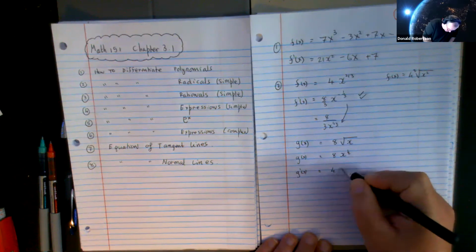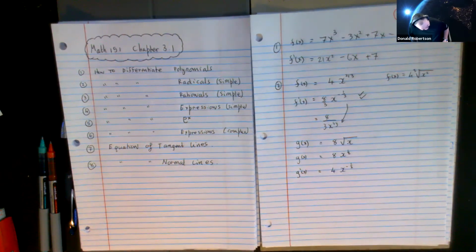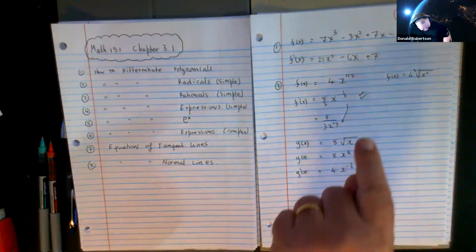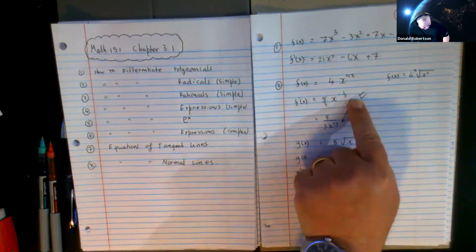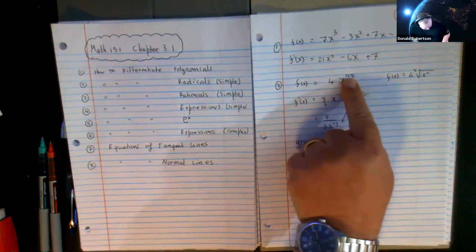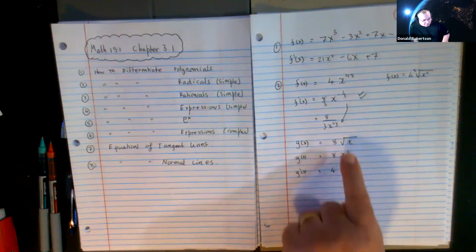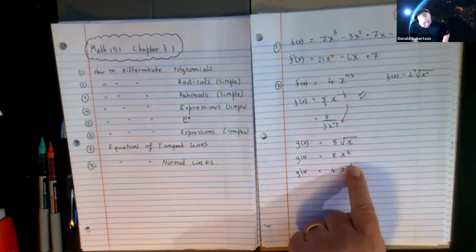Multiply by the power and then reduce it by 1. And this might seem like I'm disagreeing with my rule here, but I'm not. In this question here, I said it's okay to leave the answer like this, because it looks like the original. This guy does not look like the original. Do you see it? It's quite different looking.